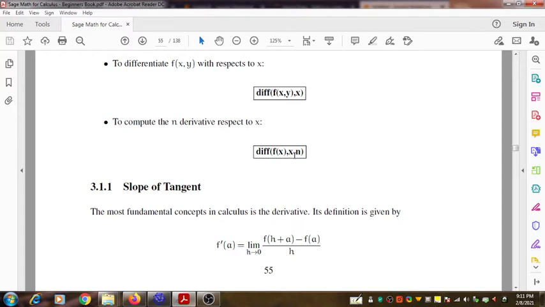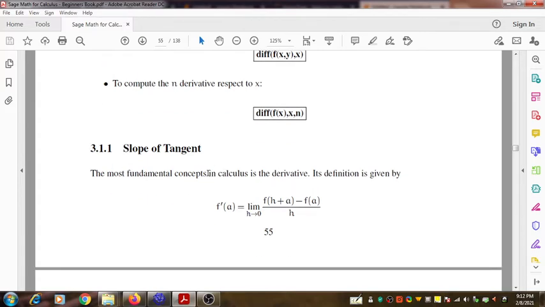After that you give the order of the derivative, that is the number n, which determines the repeated differentiation, n times. So these are the syntax.